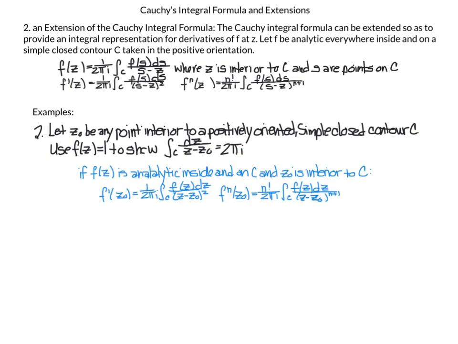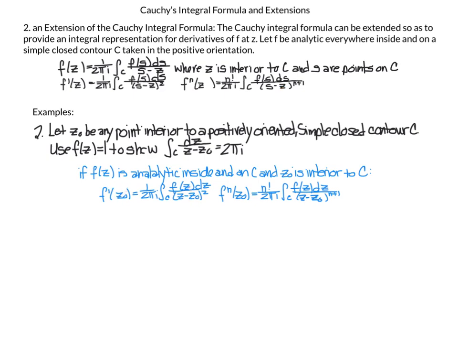For this problem, I decided to use this other form of the Cauchy equations, the one where my variable is now z and the point interior is z0. Again, this is the same formula as what we have up here, except the s's are replaced with z's, and my z is replaced with z0.